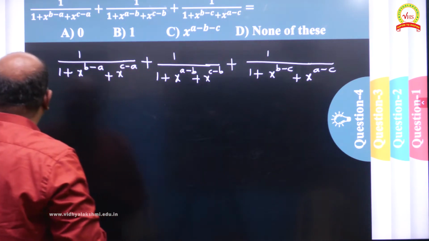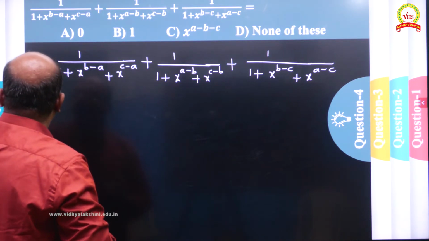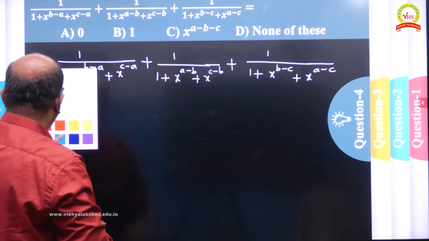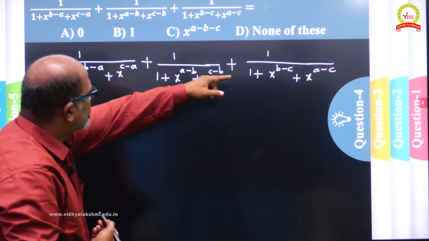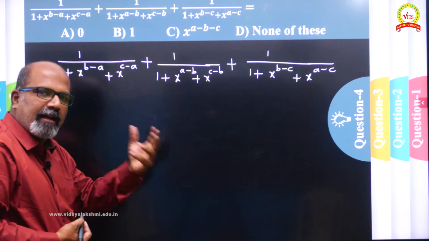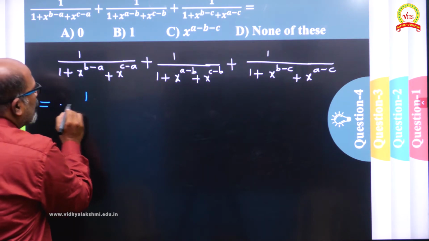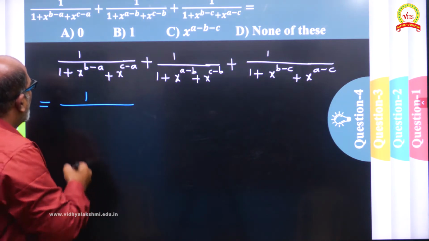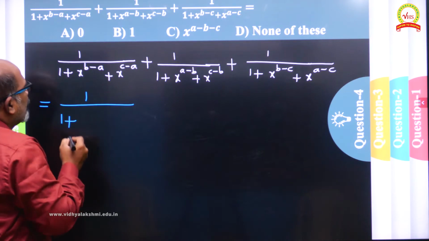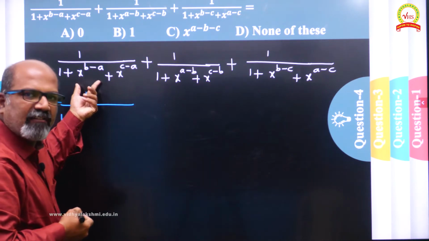Okay. After taking down the question, I just want to express the given expression in a modified way. What is that modified way? You just listen to the screen. 1 by 1 plus this x power b minus a we are having here, no?